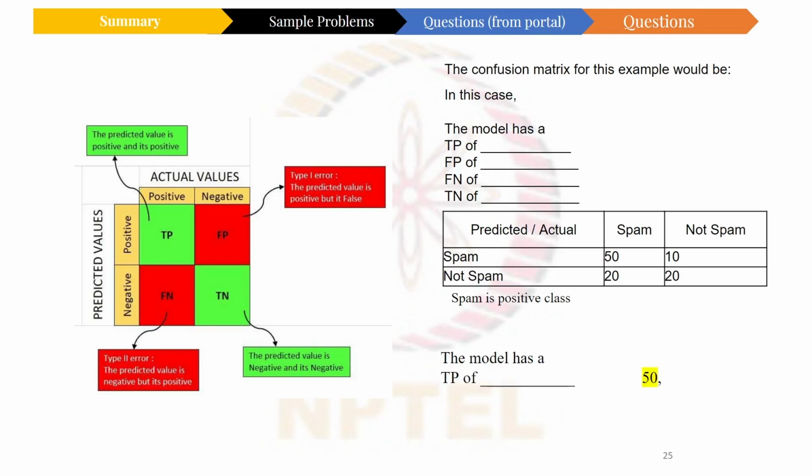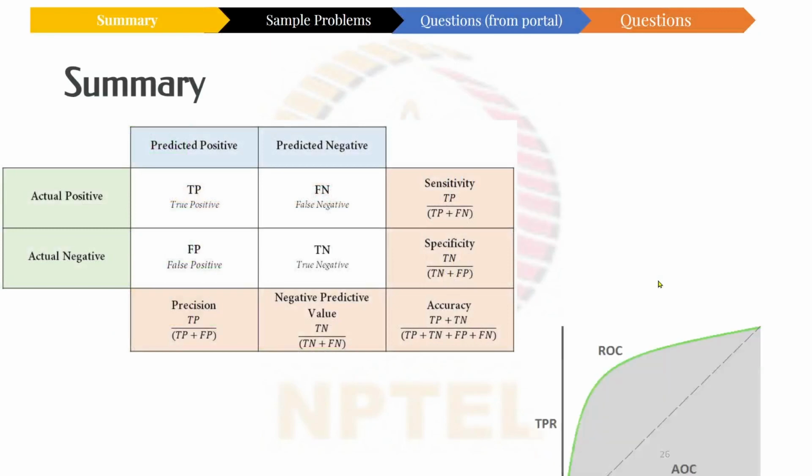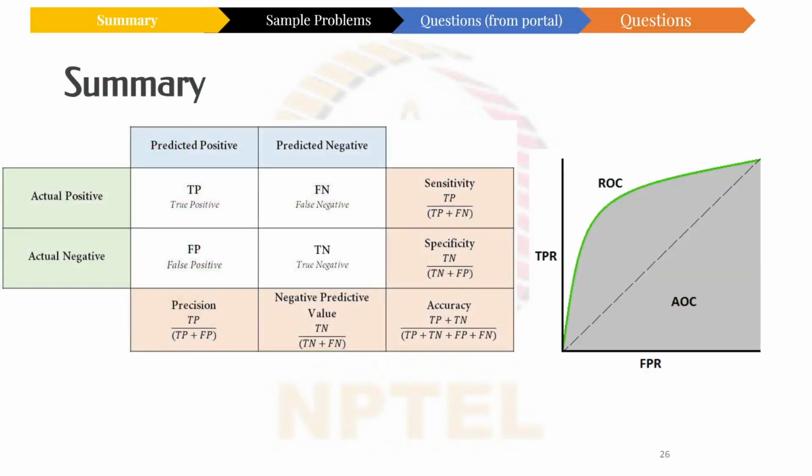So the model has true positives 50, that is first. Then we have false positives 10. Then we have false negatives 20 and true negatives 20. So these are the formulas for sensitivity, specificity and accuracy.